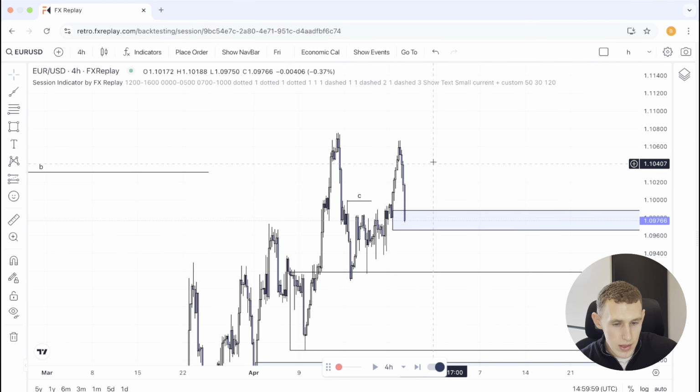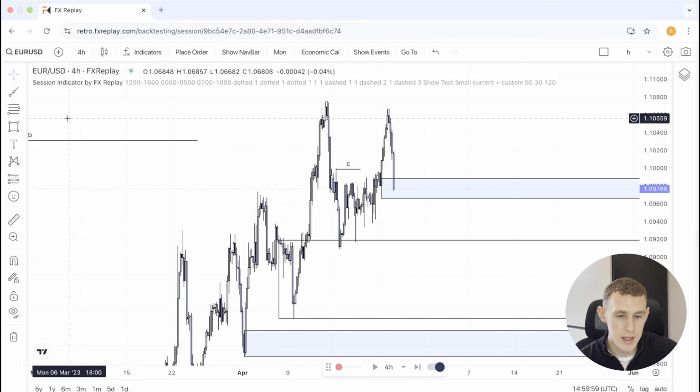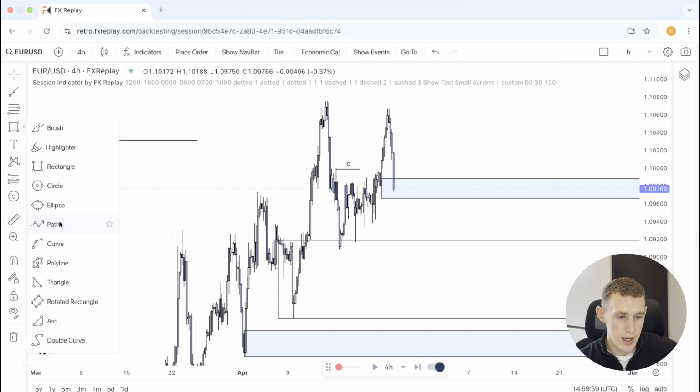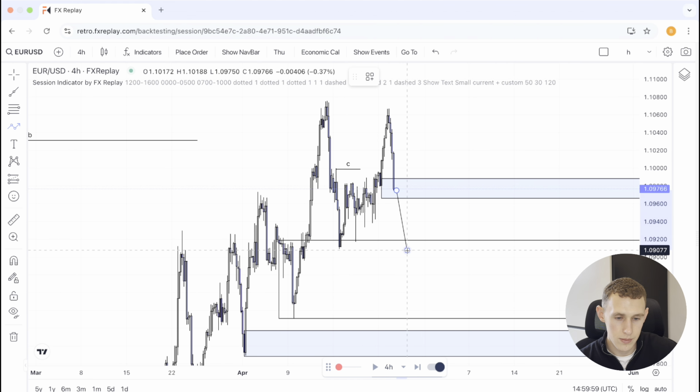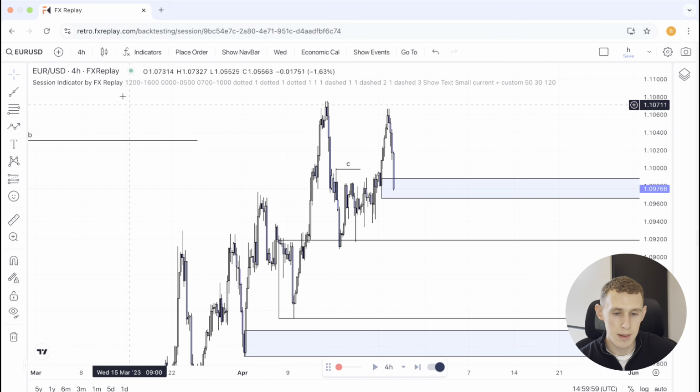I'm not actually liking the look of this anymore. I think we could maybe come down and grab these lows. You guys can see we have all of these equal lows, or rather these trend line lows. So we could maybe see price come down and do something like this before moving higher back into that daily demand.